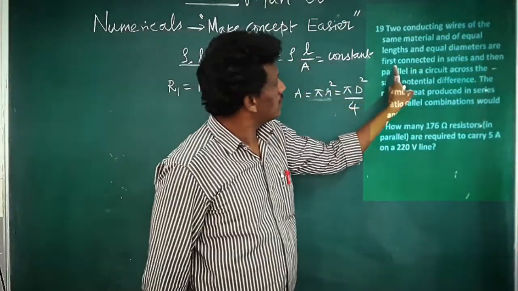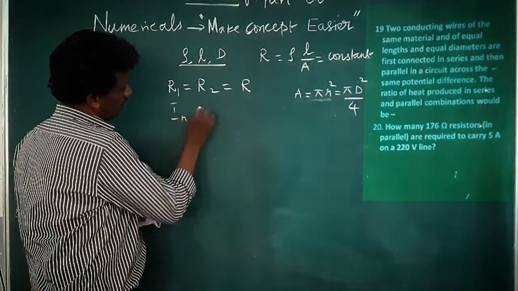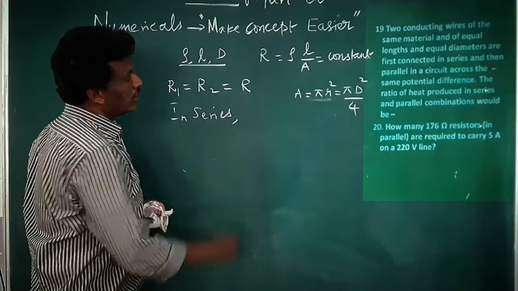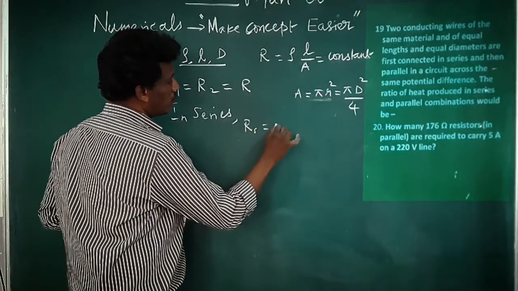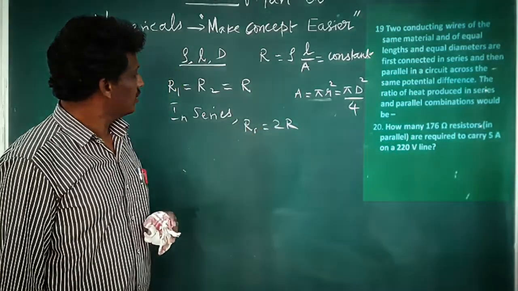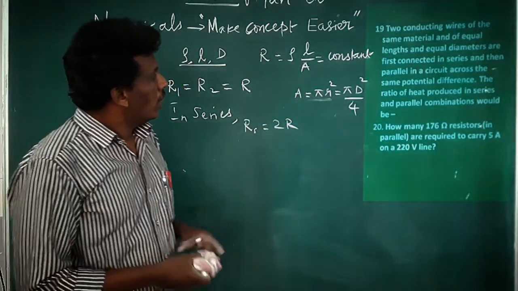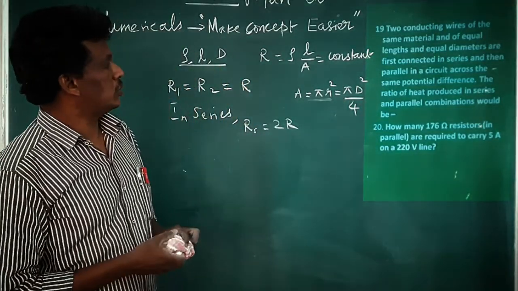What are the conditions? First, connected in series. In series, what is the total resistance? R plus R, 2R, since they are identical. 2 into R. Then connected in parallel in a circuit.